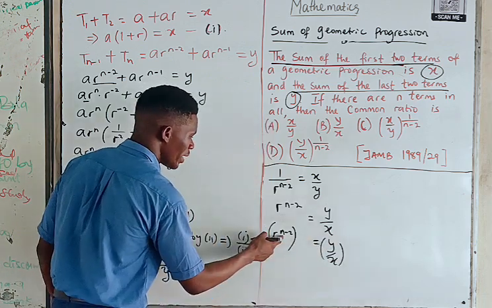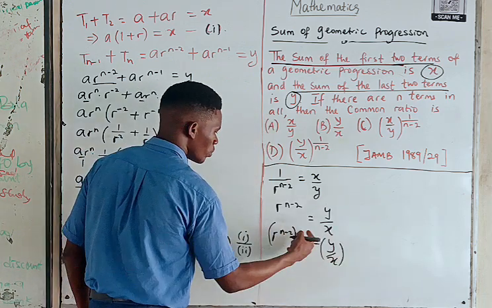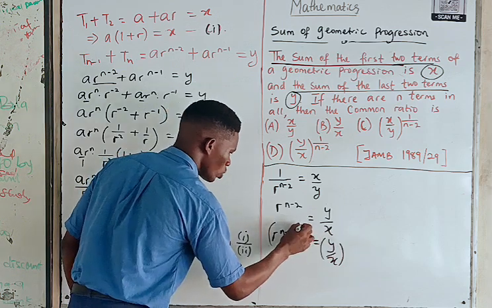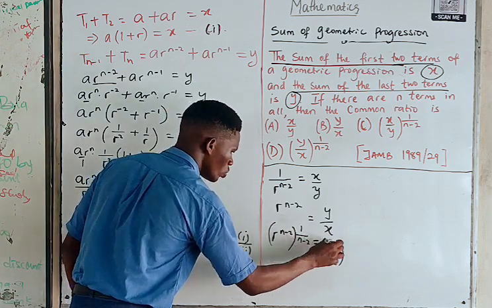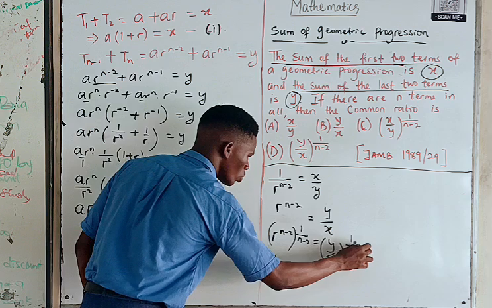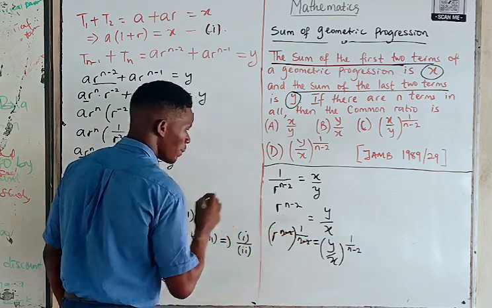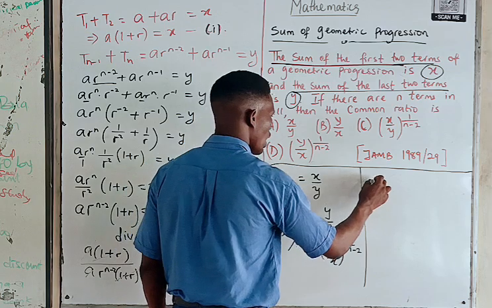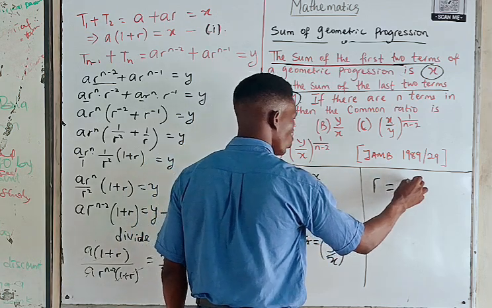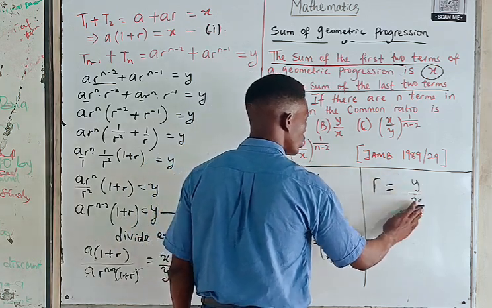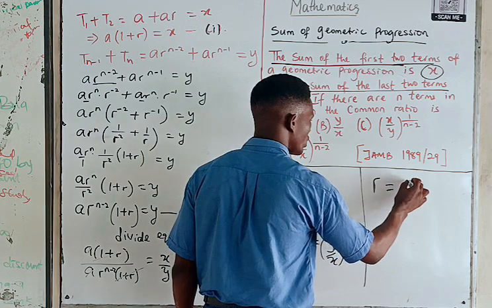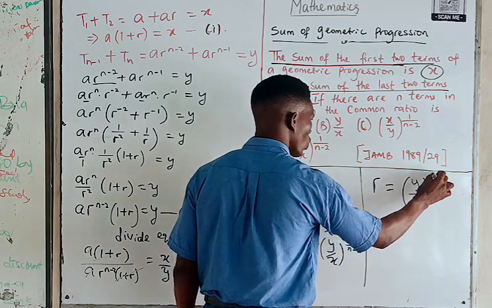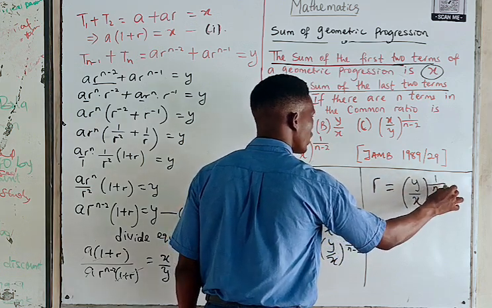Now this power here is what we are going to use to raise both sides, that is 1 over n minus 2. So n minus 2 cancels n minus 2, and we have that R equals Y over X, all raised to the power of 1 over n minus 2.